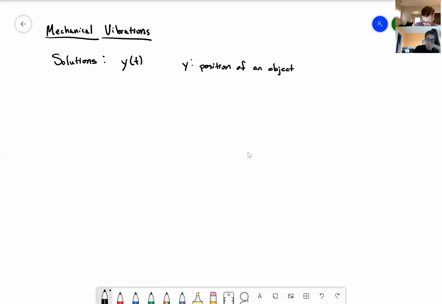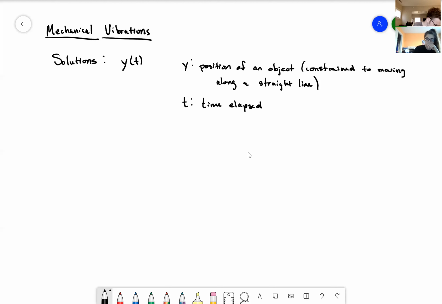Because we just have one function y, we think of the object as constrained to moving along a straight line, because our solutions are one-dimensional. And of course, t will be time elapsed, because we're thinking of this as a physical system evolving through time.